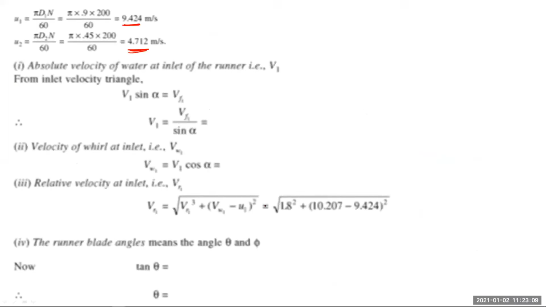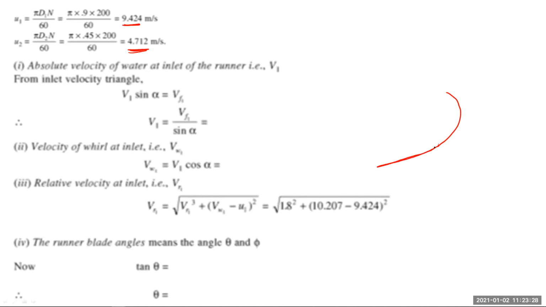U1 and U2 we have already calculated. From the diagram, here the diagram is not available, so let me draw that small diagram over here. This was your curved vane. You take the tangential line like this.